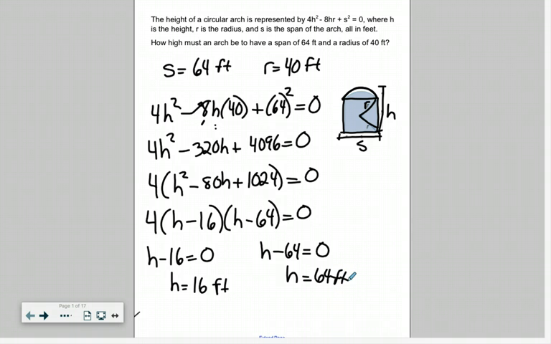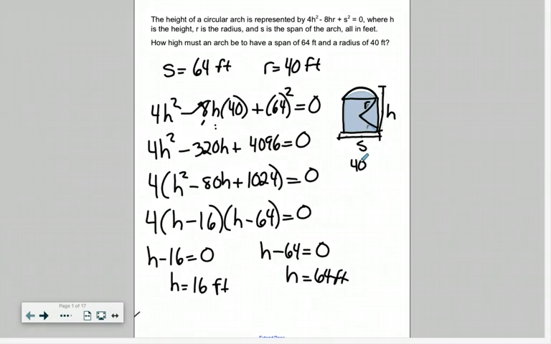Now, what we also need to take a look at here is, do each of these things work out in terms of the diagram, right? Are both of these answers valid, okay? So if you consider the span, okay, so we've been told that the span there is 40 feet, okay? If our span here is 40, all right?